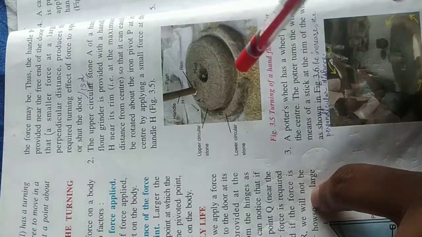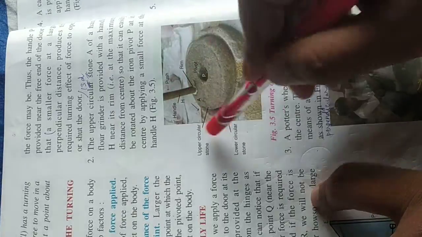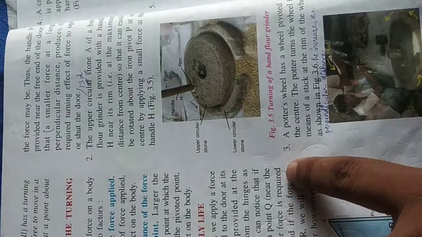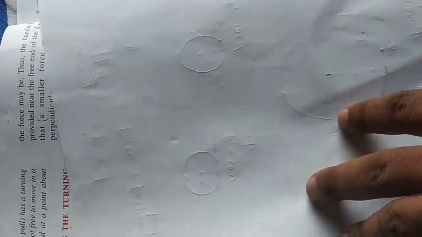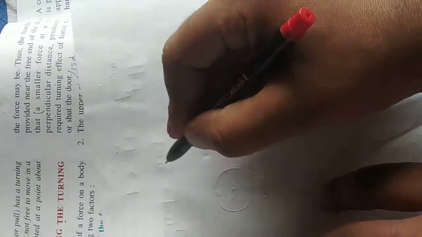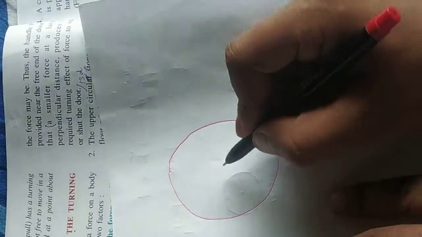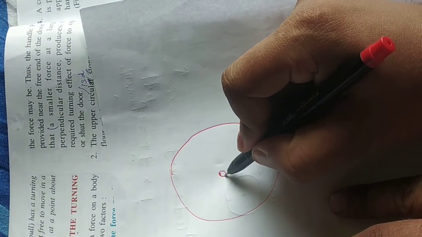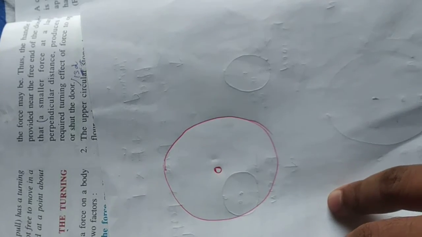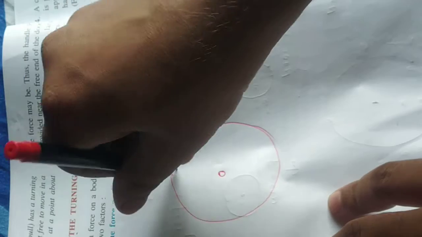We push and rotate this, then the hand floor grinder will rotate. That is the pivot point, and we put the handle at the corner here.